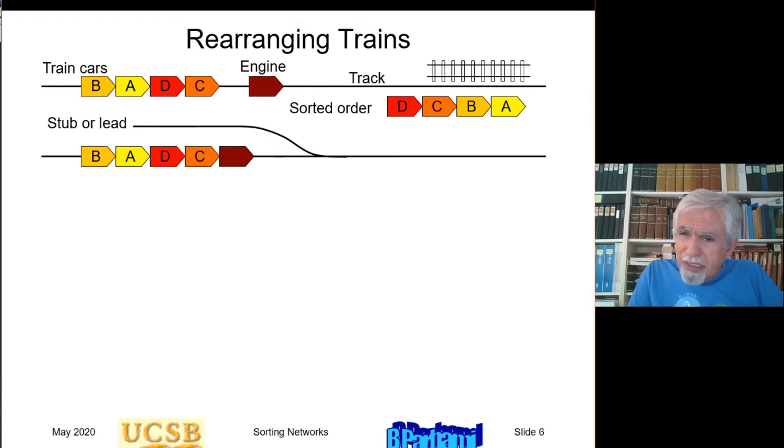Remember, sorting in this case means just take A and B from the end of the train and put them in front. Okay? Think about this before advancing the video and see if you can do that. Here is my solution.